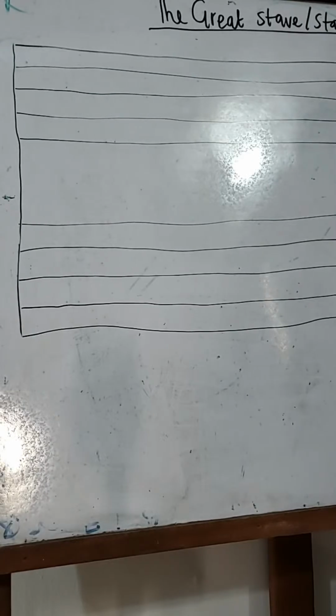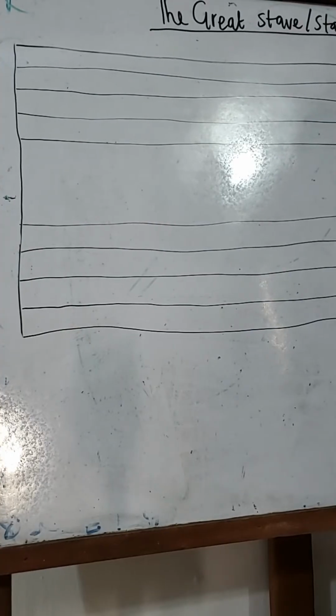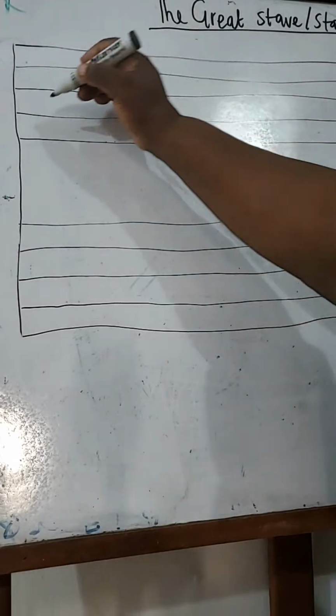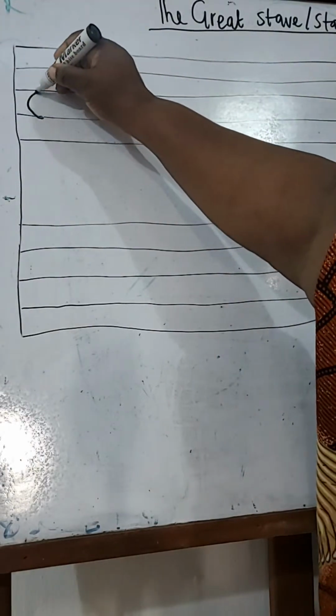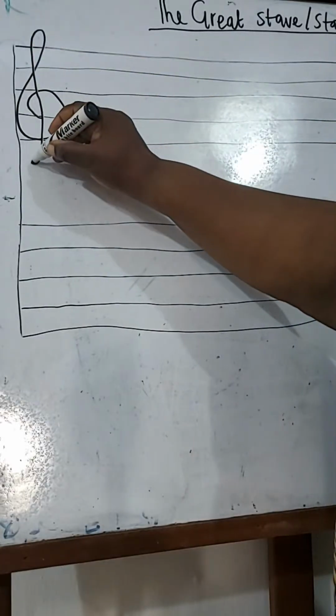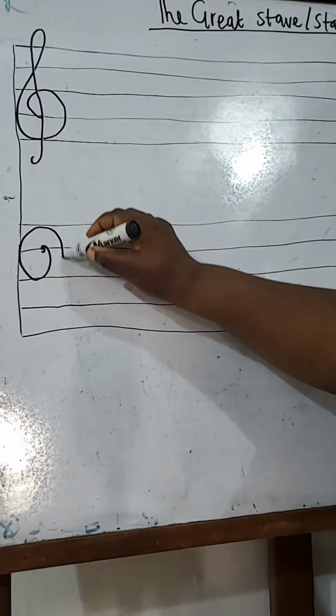Like I said, you should use the double bar line only when you are sure you are done with everything. Then I'm going to draw the treble clef up here, while the bass clef will be below.